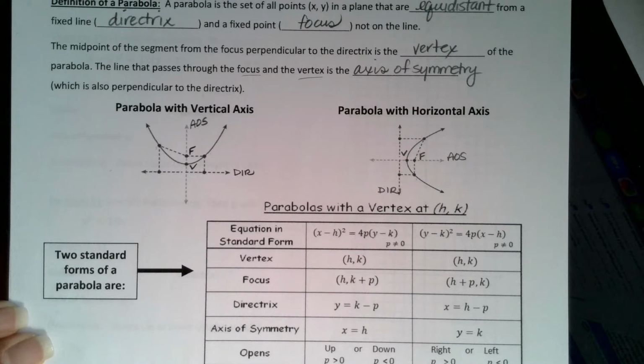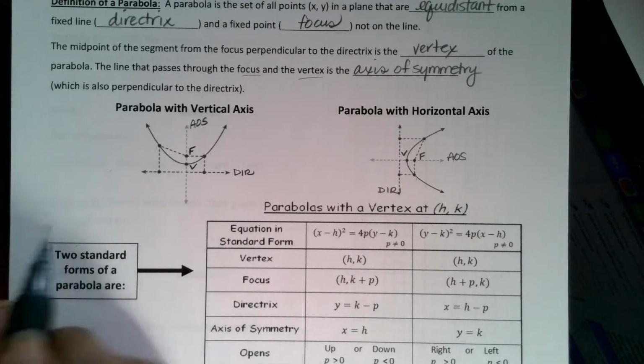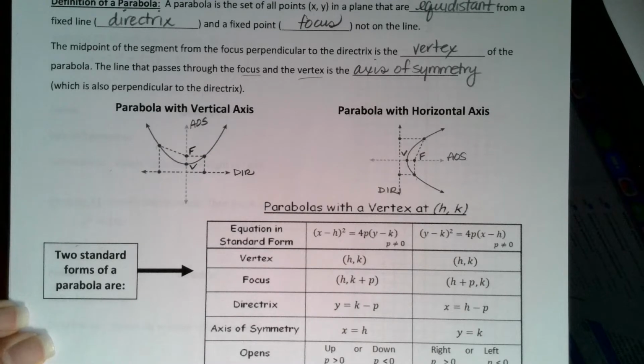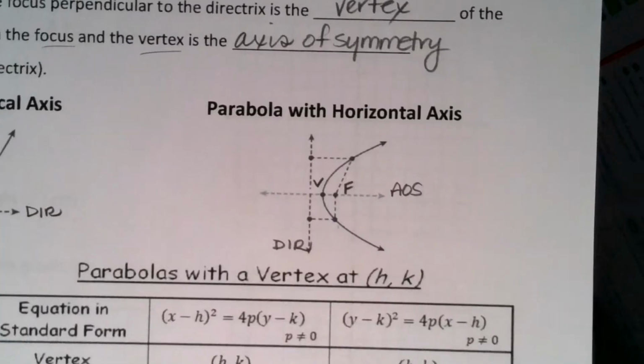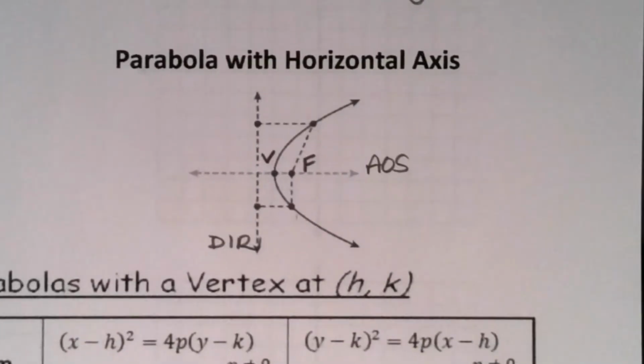Last but not least, let's talk about the distance P. Now you will notice, and actually I'm going to zoom in to make it a point because the distance is so small in these images. Let's start here with the horizontal axis.